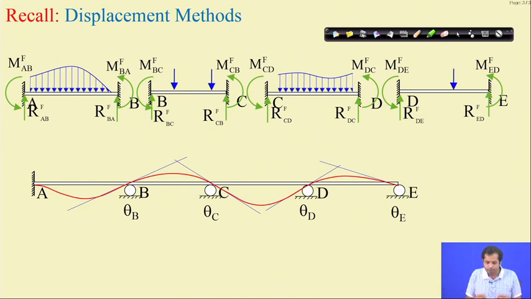Now, we have a beam, we identify the different segments first, and each segment is considered separately. The entire problem is now divided into two parts. In one part, each segment is considered as a fixed beam, and therefore we calculate the fixed end moments and fixed end forces, which are called fixed end reactions.